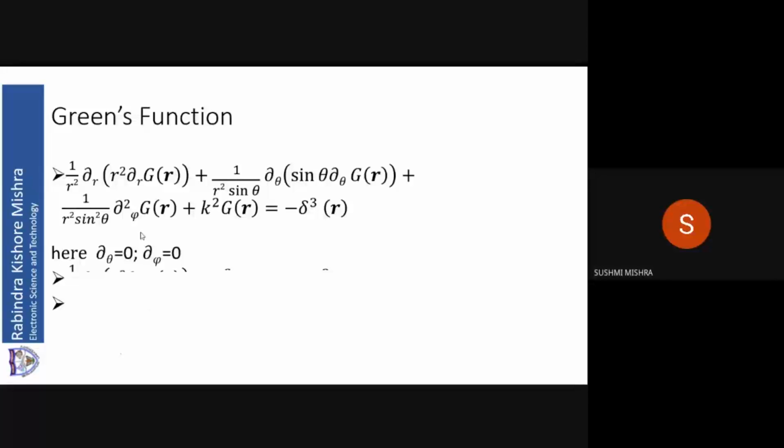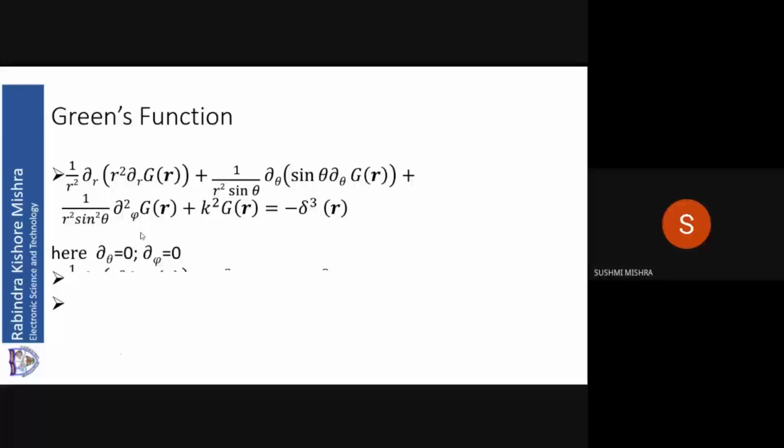That means the observation is independent of phi. Therefore, the function we are considering as source is independent of theta and independent of phi. If it is independent of theta, then dou by dou theta is equal to 0. If it is independent of phi, then dou by dou phi is equal to 0.